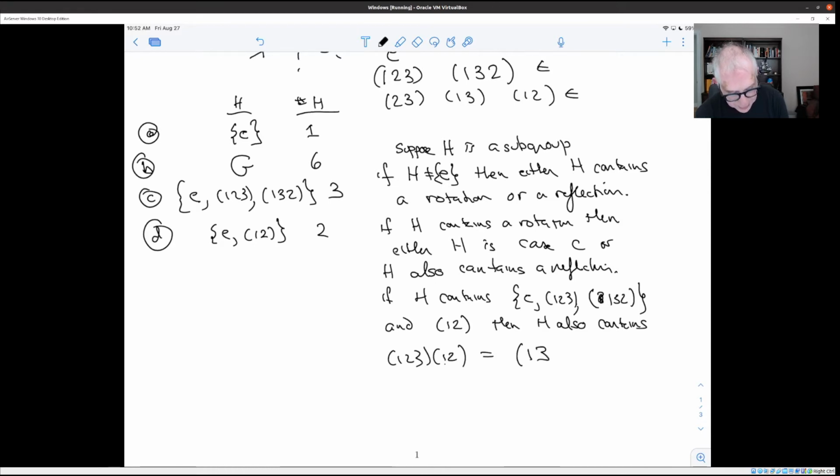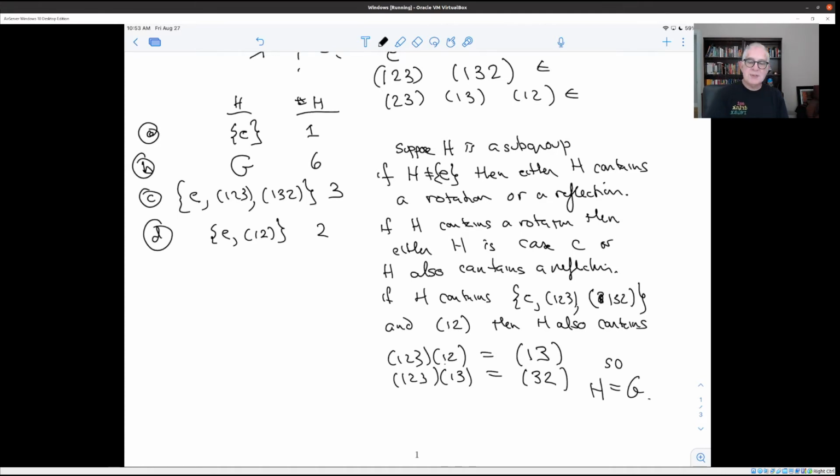So in the end, 1 goes to 3, and then 3 goes back to 1. So if H contains (1 2 3) and (1 2), it also contains (1 3). And if H contains (1 2 3) and (1 3), so 3 goes to 1, and then 1 goes to 2, so 3 goes to 2, and 2 goes to 3, then it also contains (2 3). Before you know it, we see that H is equal to G because it contains the rotations and all the reflections.